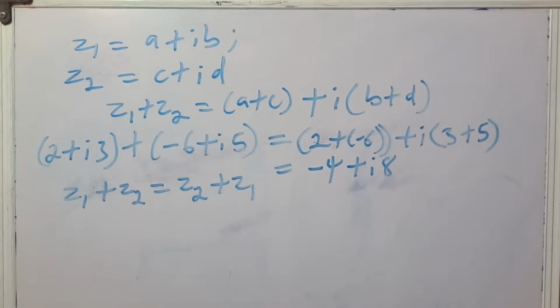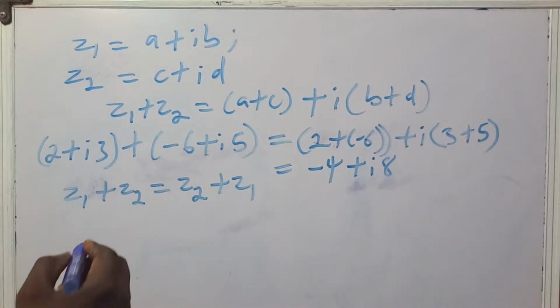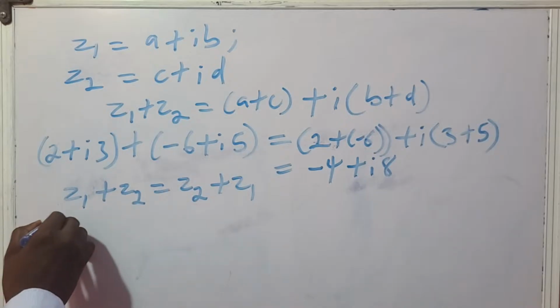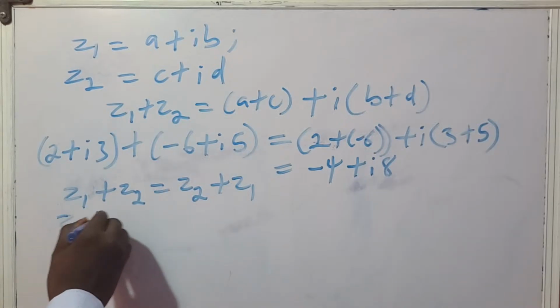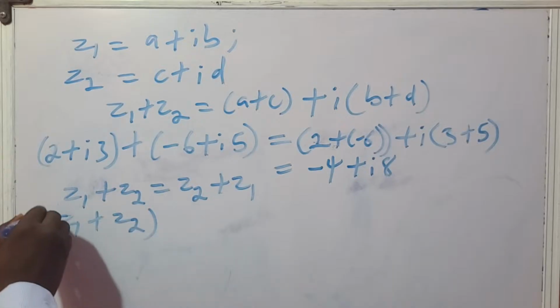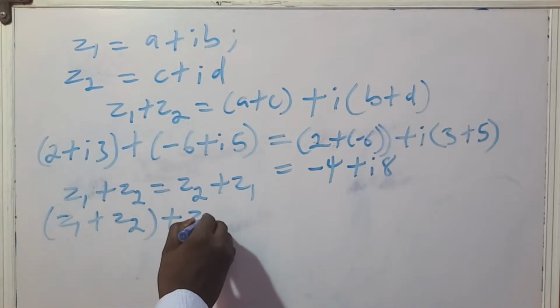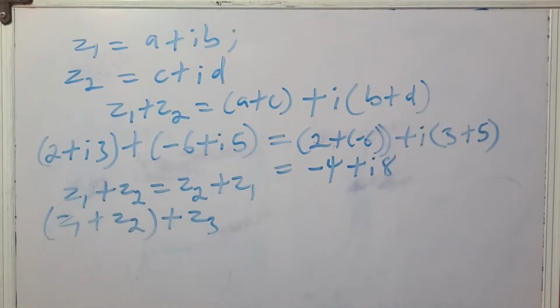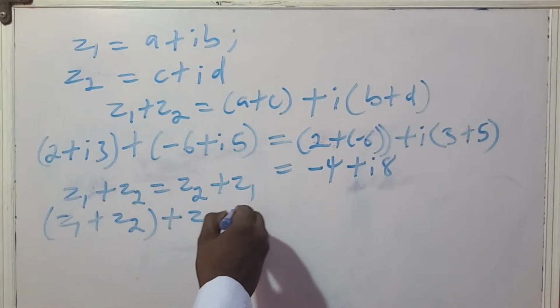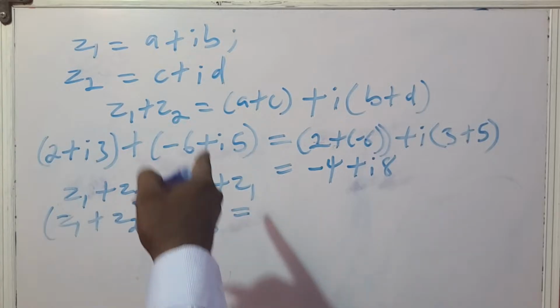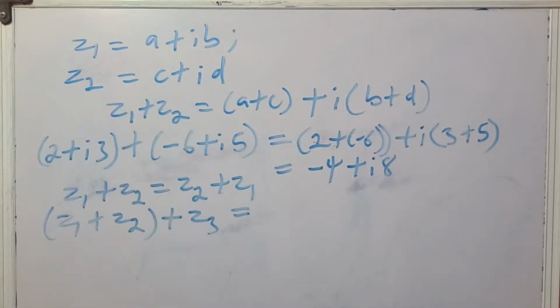Another property under addition of complex numbers is the associative property. Imagine we have three complex numbers. That means we have Z1 plus Z2, and now that we're done with this, we go on to say plus Z3. I'm sure you understand the associative laws in mathematics. When you have something like this, I want you to understand that addition of complex numbers is associative.